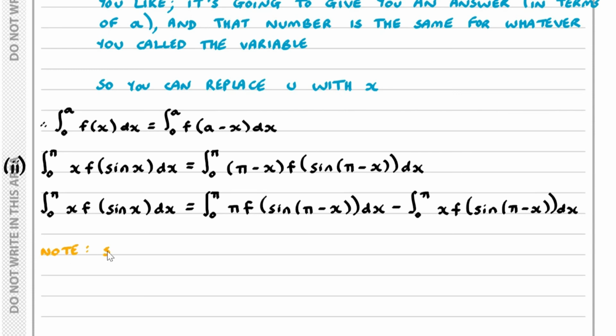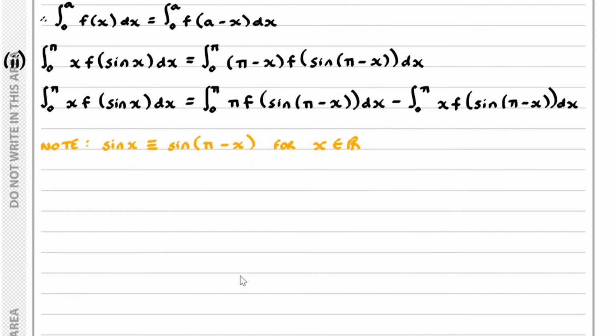And now what we can do is use the fact that sine x is equivalent to the sine of pi minus x for all x belonging to real numbers, and therefore what we will have is, on the left hand side, that will remain the same, the integral from 0 to pi of x times by f of sine x.